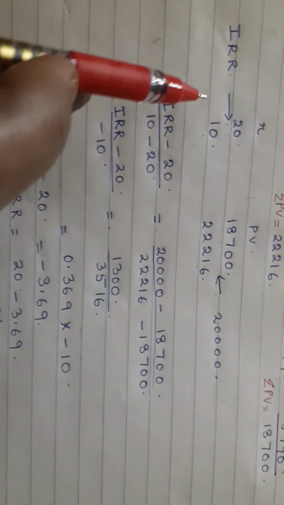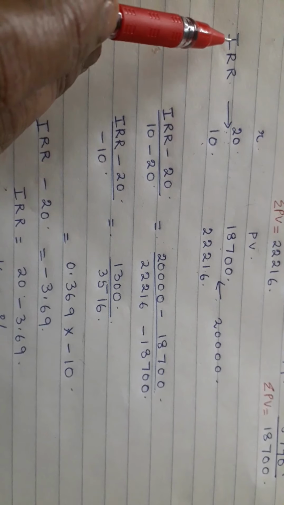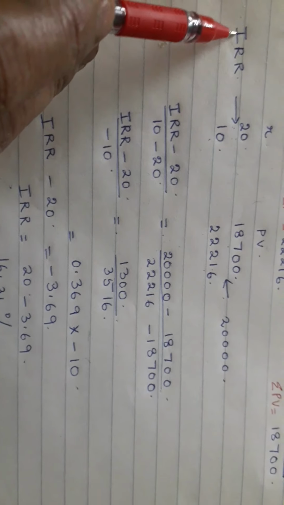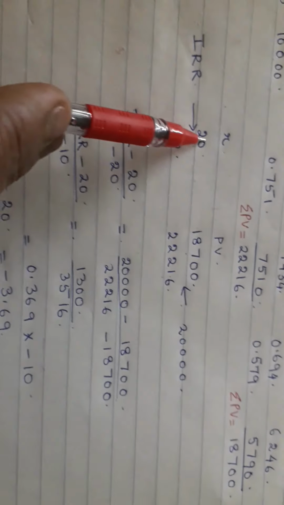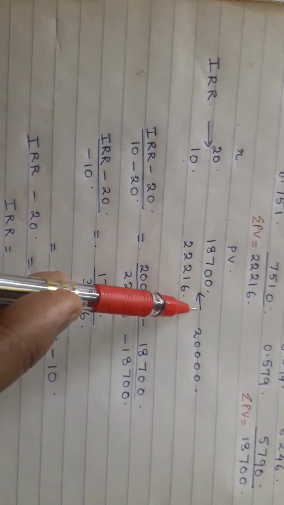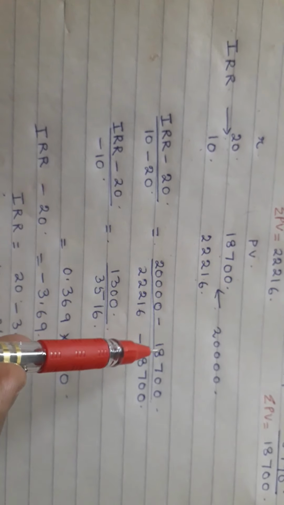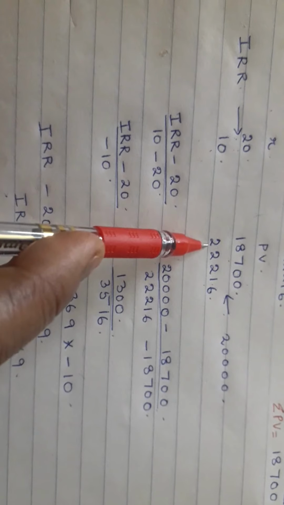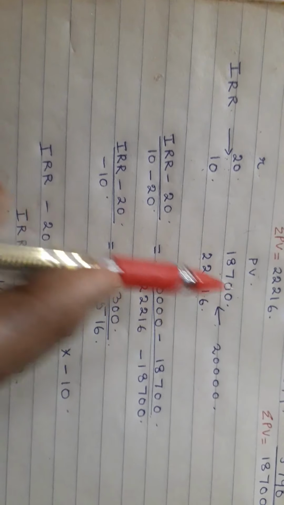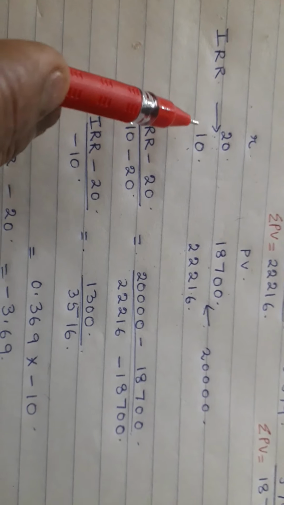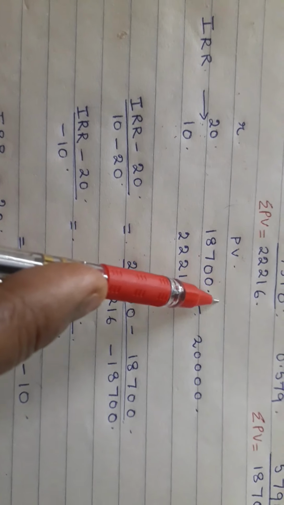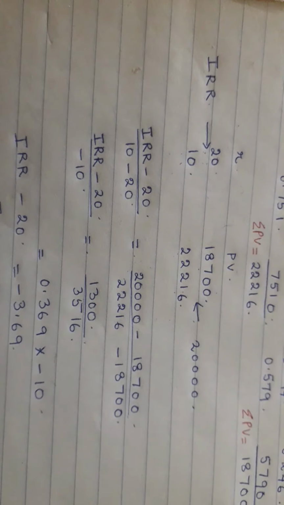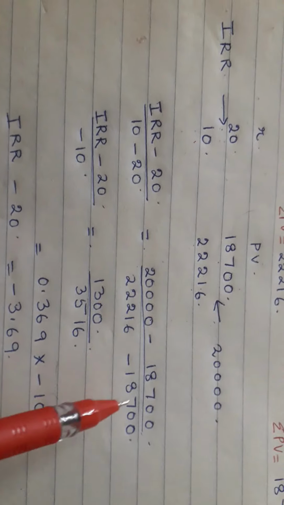So we have a method to calculate. So we do it in this way, the ratio method. IRR minus 20, we are going back, by 10 minus 20 is equal to 20,000 minus 18,700 by 22,216 minus 18,700. See, this minus this divided by this minus this is equal to this minus this by 22,216 minus 18,700.